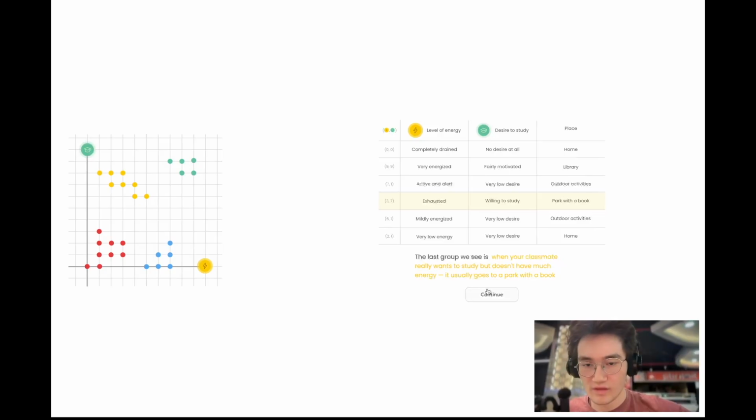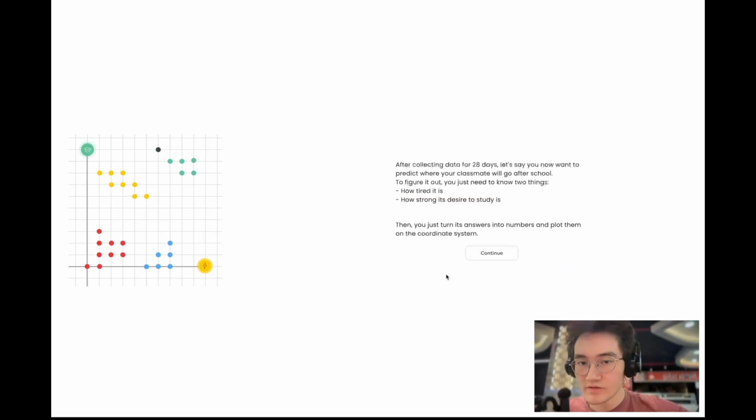Okay, the last group. After collecting data for 28 days, let's say you now want to predict where your classmate will go after school. To figure it out, you just need to know two things: how tired it is and how strong its desire to study is. Then you just turn its answers into numbers and plot them on the coordinate system.